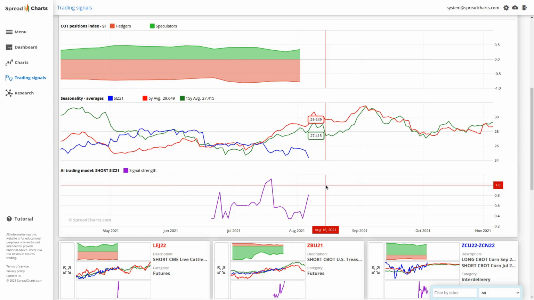Of course, this boundary is somewhat artificial, so we cannot say that a signal whose strength is 0.95 is bad and a signal with the strength of 1.0 is suddenly great. So there is basically some uncertainty. And this uncertainty is especially visible when you are comparing signals on different commodities.